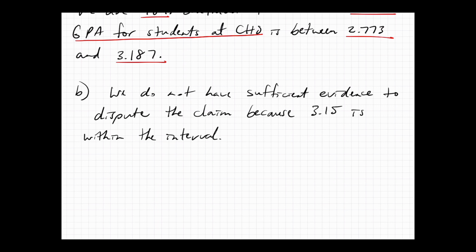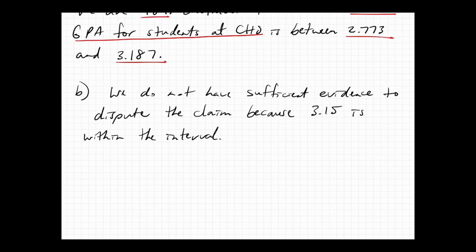It's the same thing. Anytime there's a claim, we either say we have enough evidence to show that's not right, it's wrong, what is the right answer, I don't know, but that's not right. Or we say we don't have enough evidence to say it's wrong. That's it. So in this case, we don't have enough evidence because the 3.15 GPA is within the interval.